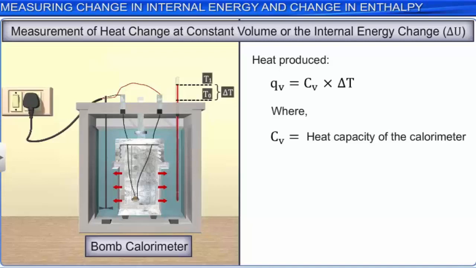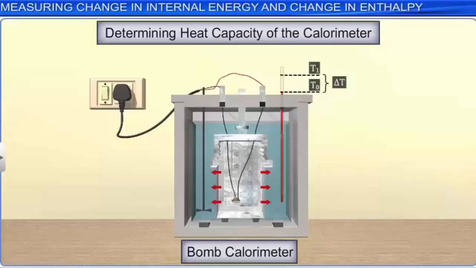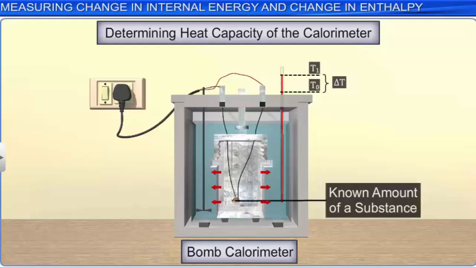Each bomb calorimeter differs from all others in its ability to absorb or release heat. The heat capacity of each bomb calorimeter is determined experimentally. Heat capacity of the calorimeter is determined separately by igniting a known amount of a substance, whose heat of combustion is already known, in the same calorimeter.